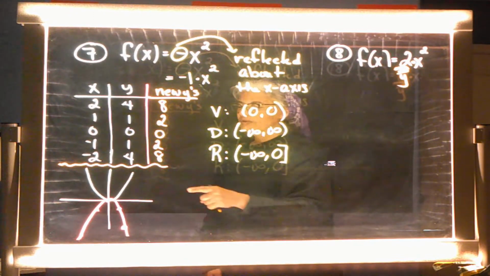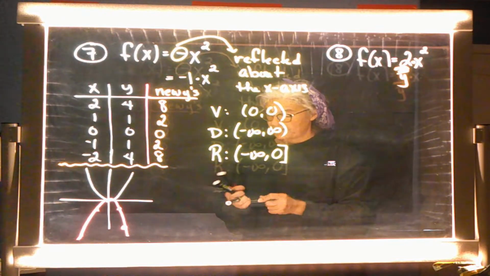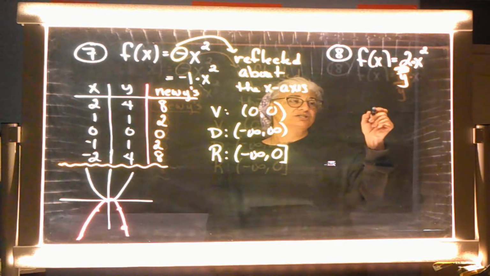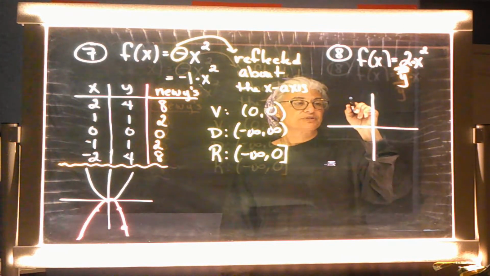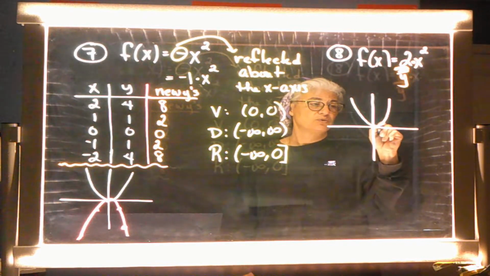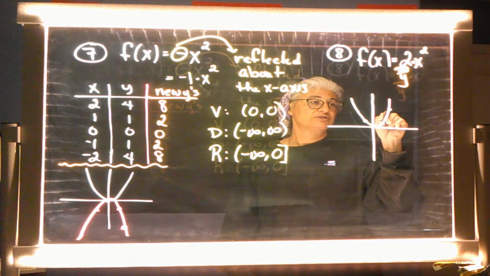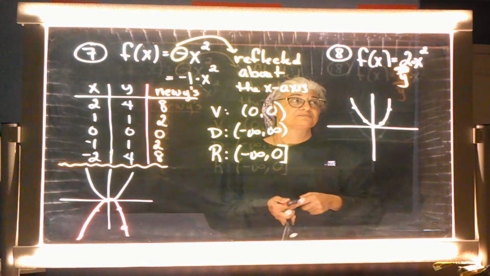Right? Okay, so I think I'm going to have to draw the new graph over here so you can see it just a little bit better. So my original graph is here. Okay, there's 0, 0, 1, 1, negative 1, there's 2, there's the 4. Okay?